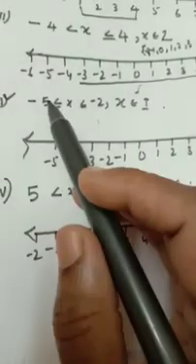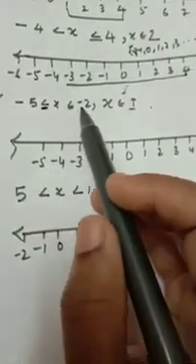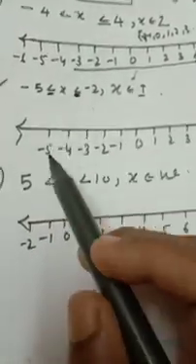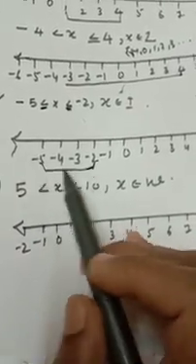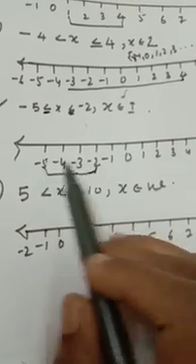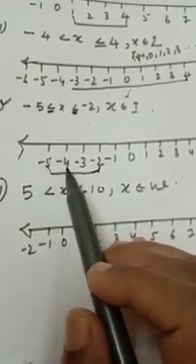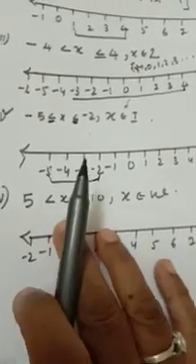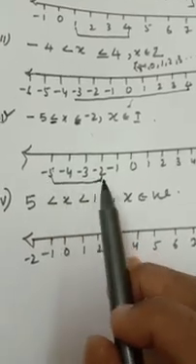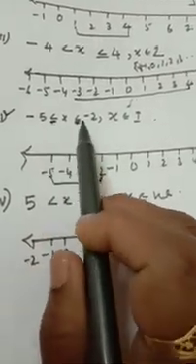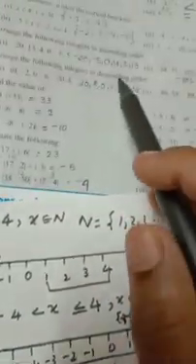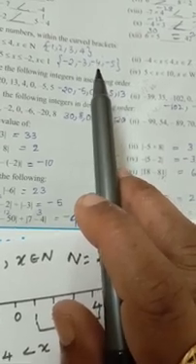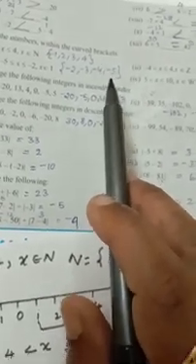Check it: -5 is included because the equal sign is there. Here -2 is included, the equal sign is there. So -5 and -2, in between and including these two numbers. Which are the numbers? -5, -4, -3, -2. Why did we include -5 and -2? The equal sign is also there. Check the answer: -2, -3, -4, -5.